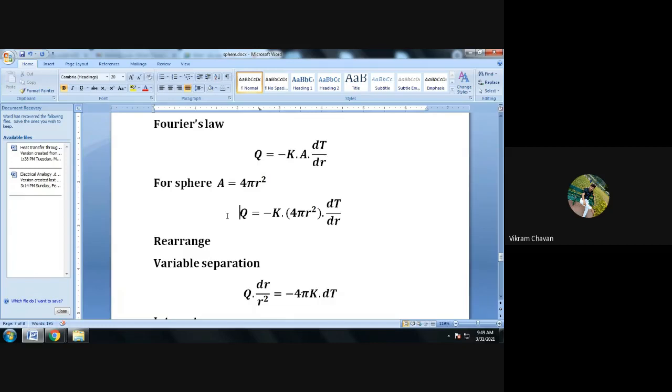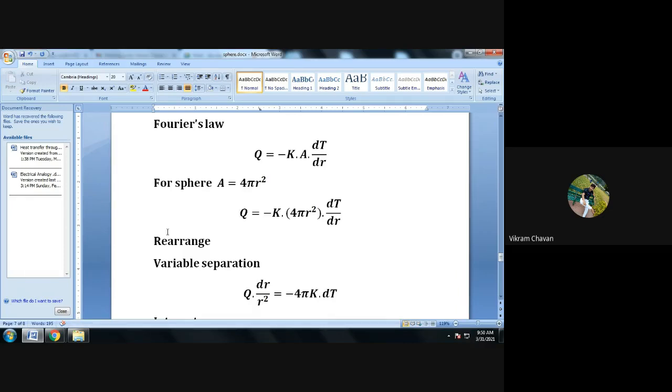Now further we have to rearrange this particular equation by doing the variable separation, because we are going to take the integration of the equation. So for that reason, we have to perform the variable separation operation. The variable r terms we have to take on one side, and the dT term we have to keep on another side.